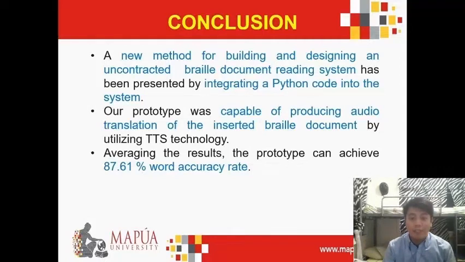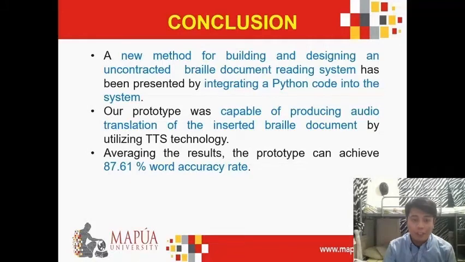This has been presented by integrating Python code into the system. Our prototype was also able to produce an audio translation for the given Braille document, achieved using eSpeak on Raspberry Pi and the Python text-to-speech library.